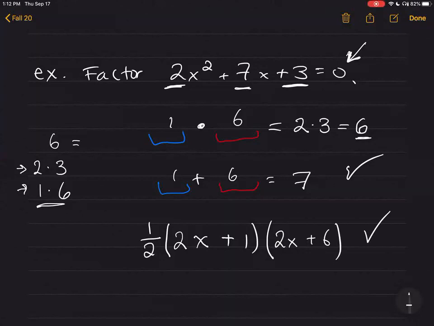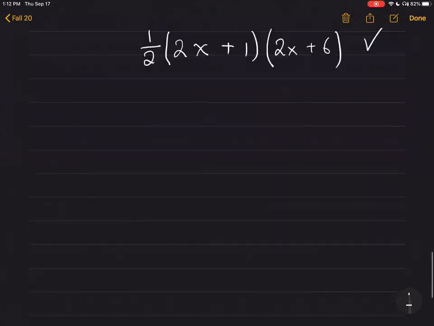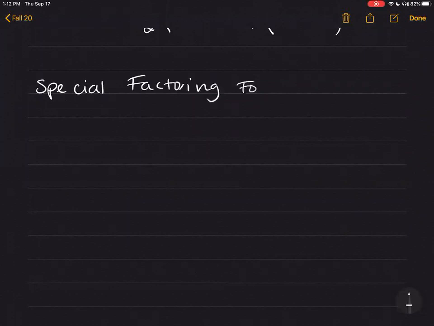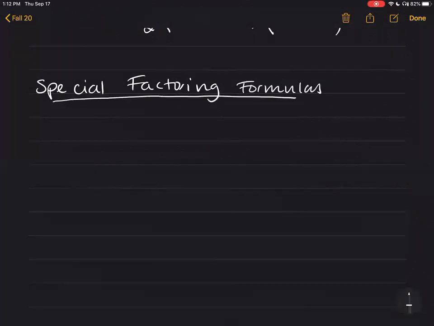So there are some polynomials that you look at and you can immediately say, oh, I know how they factor. There are two main ones that I want you to remember. These are called special factoring formulas. The first one is my personal favorite.